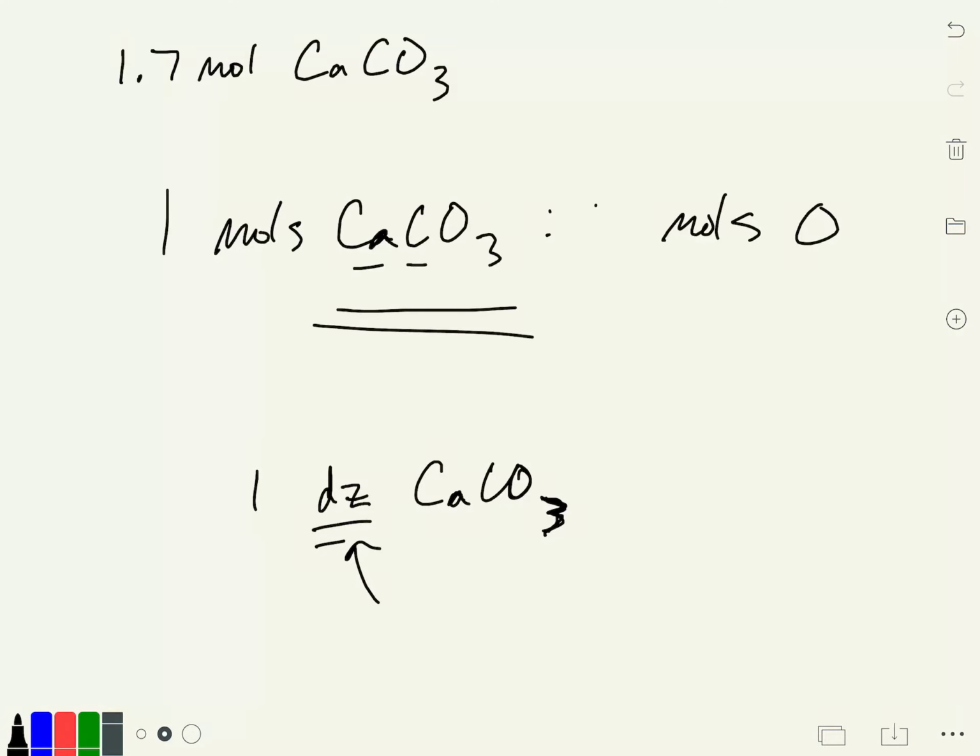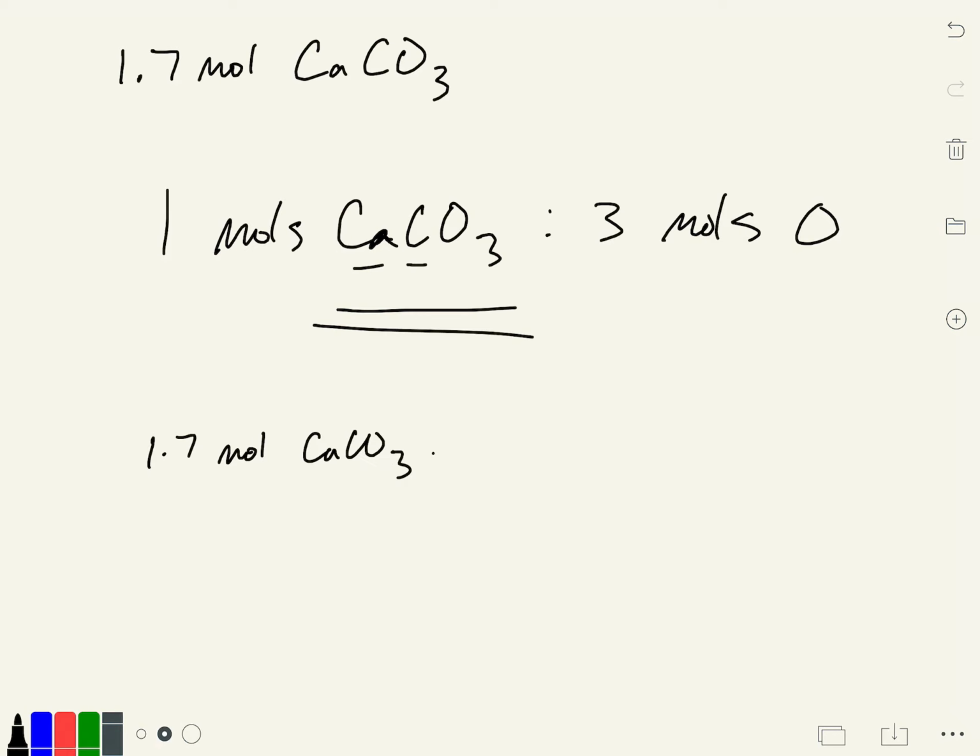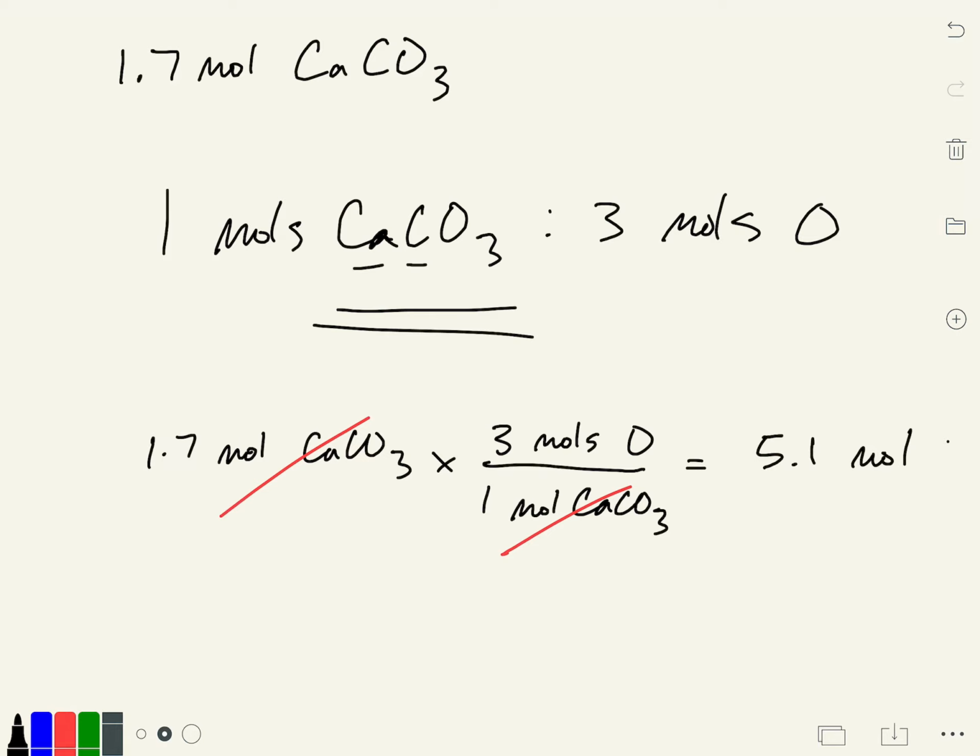So every 1 mole of calcium carbonate is 3 moles of O. So then we should be able to say, in an easy math equation, 1.7 moles of CaCO3, conversion factor, 1 mole CaCO3, 3 moles of O. Moles of calcium carbonate goes away, 1.7 times 3, 5.1 moles of O.